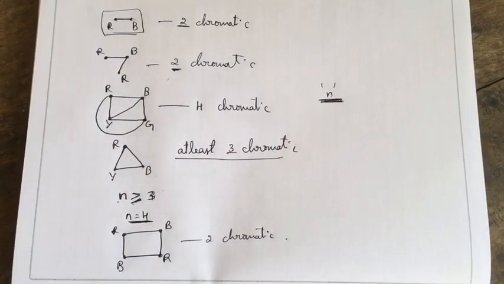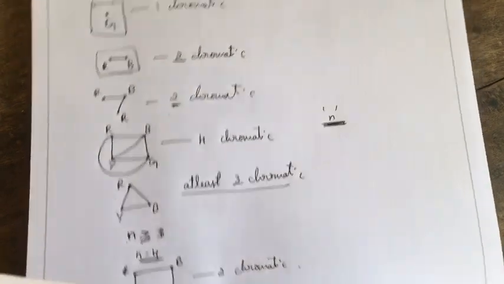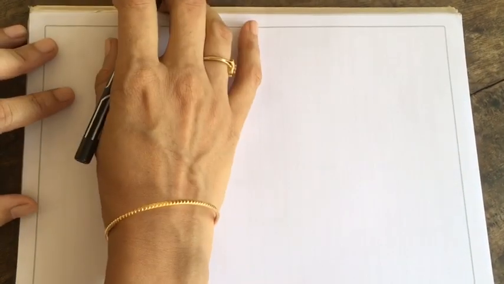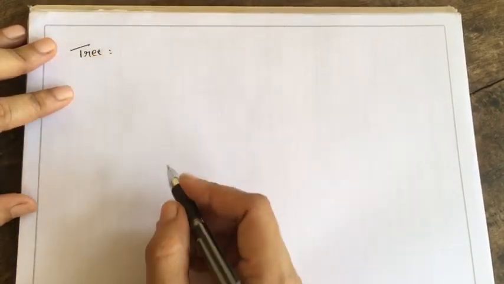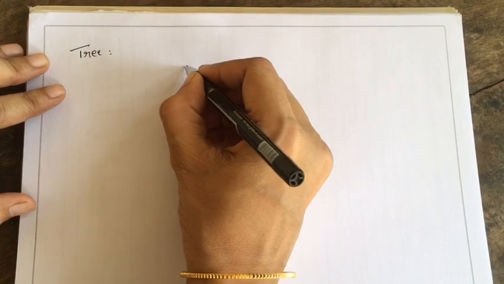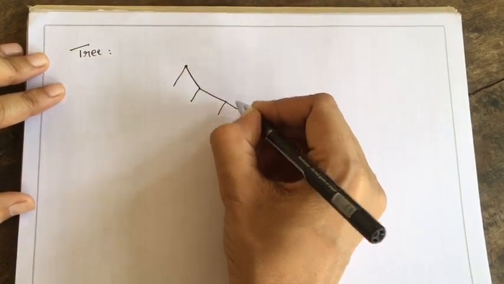Okay, now let us look at the chromatic number for a tree. Every tree with 2 or more vertices is always 2 chromatic. Let me show why. See, this is my tree, suppose.